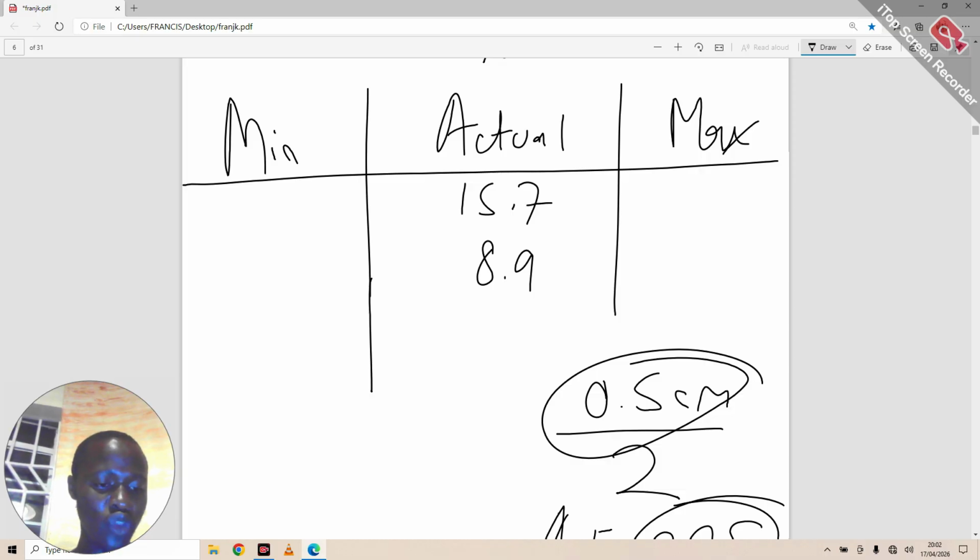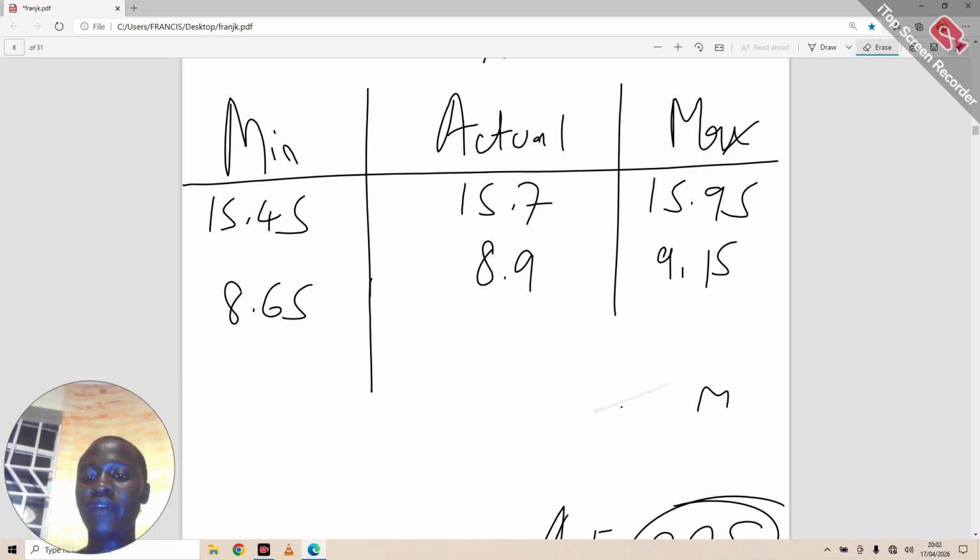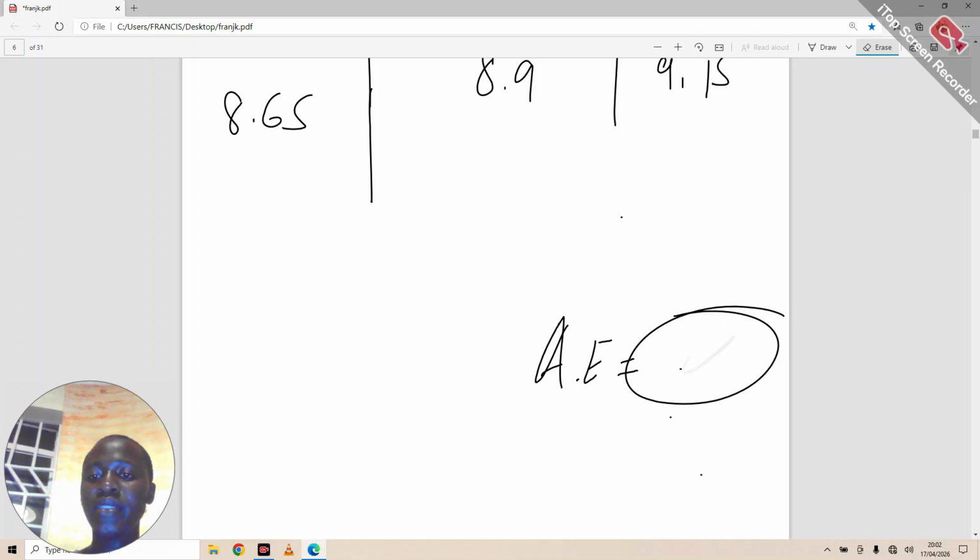So let's start with 15.7. 15.7 plus 0.25 gives 15.95. 8.9 plus 0.25 gives 9.15. 15.7 minus 0.25 gives 15.45. 8.9 minus 0.25 gives 8.65.